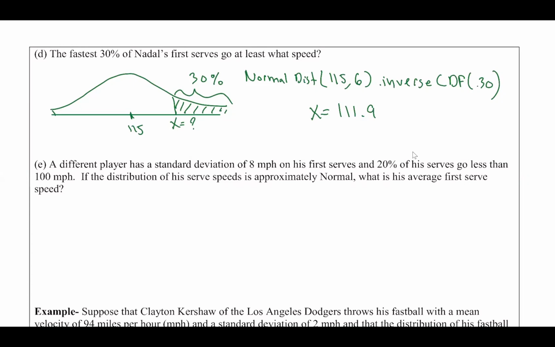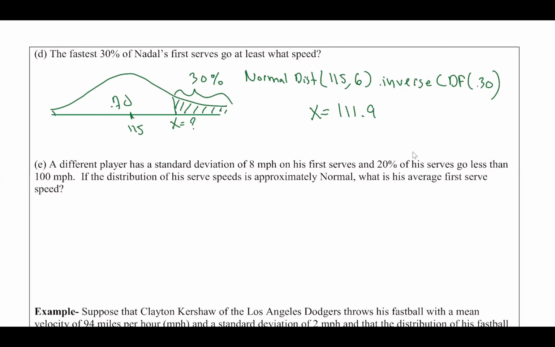No, because if you look at it, 111.9 is over here. So what did we do wrong that caused us to get an answer that's so not correct? Isn't the inverse CDF not supposed to be 0.30? Well, what is it supposed to be? 0.70? Only to the left.